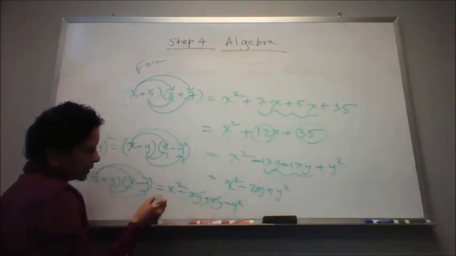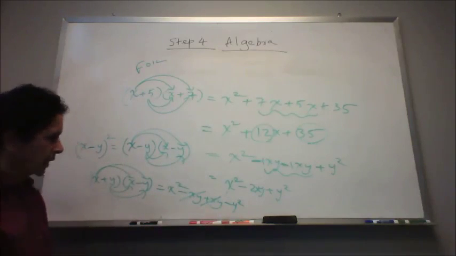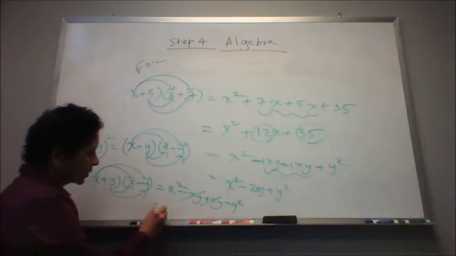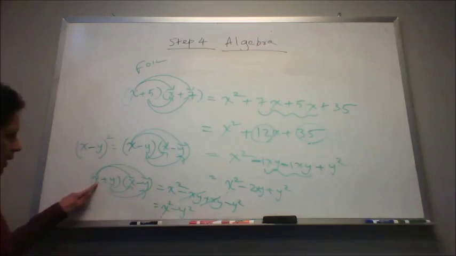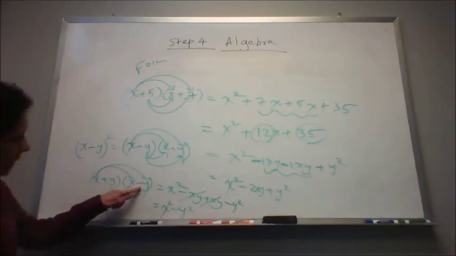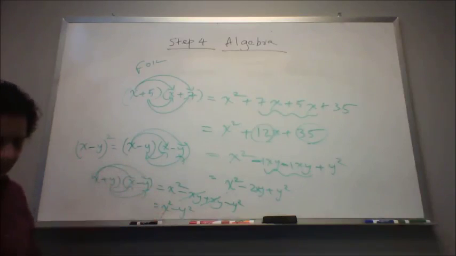So these two get cancelled out. 1xy minus 1xy, 1 minus 1 is 0, that's gone. So it is x squared minus y squared. So whenever you have x plus y times x minus y, it's just x squared minus y squared, okay?